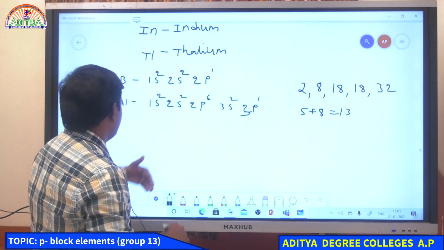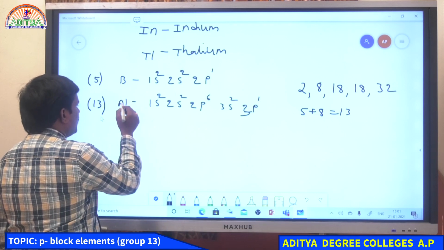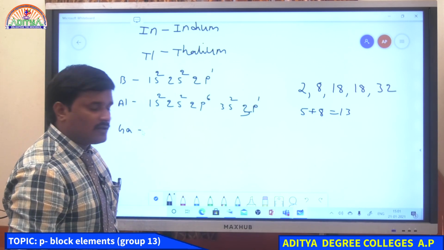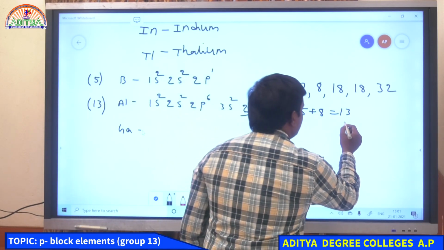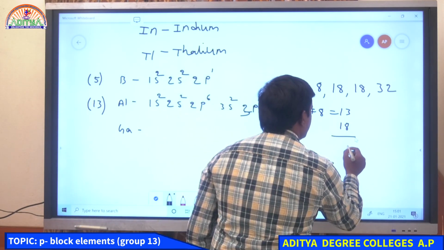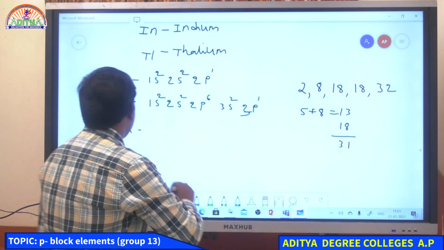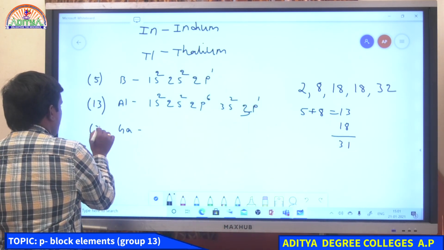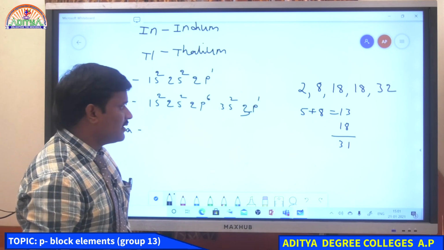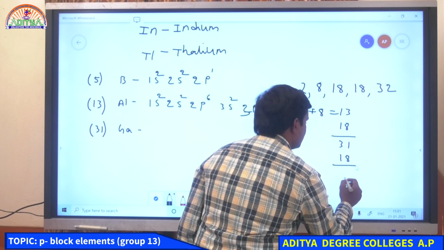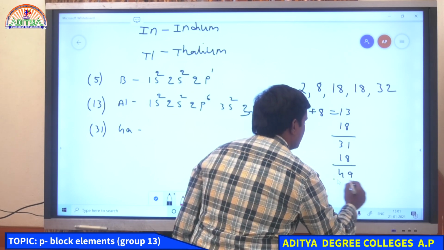Similarly, for the next element, what is it? Boron, aluminum, gallium. So for gallium, the atomic number is 13 plus 18, that is 31. Therefore, the gallium atomic number is 31. Similarly, for the next one, again 18: 31 plus 18, that is 49.